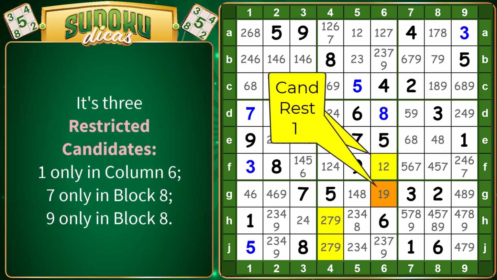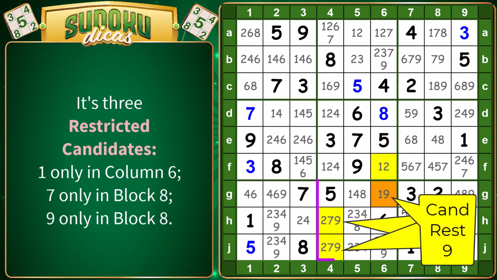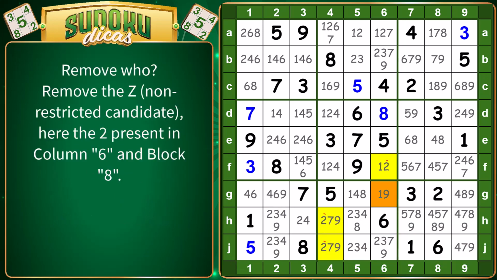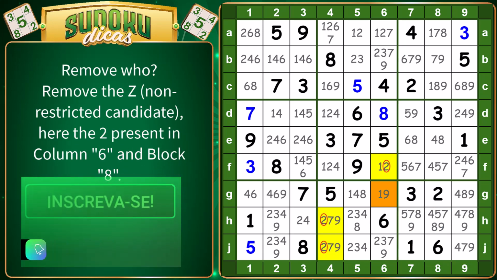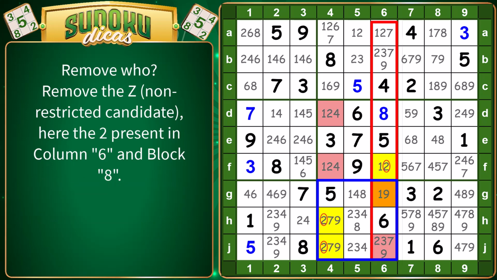It's 3 restricted candidates, 1 only in column 6, 7 only in block 8, 9 only in block 8. Remove who? Remove the Z, non-restricted candidate. Here the 2 present in column 6 and block 8.